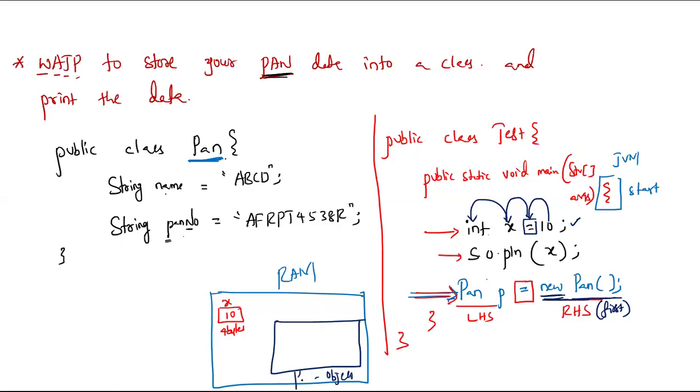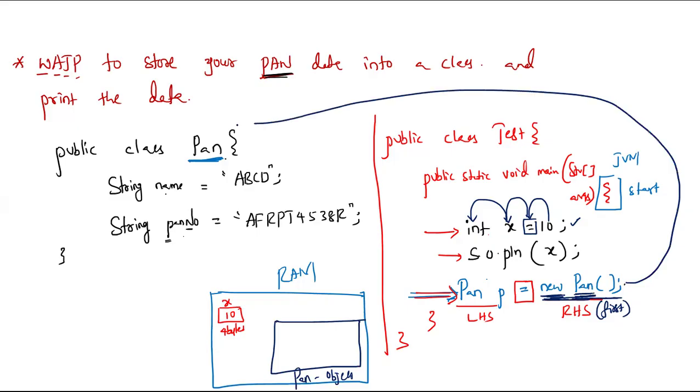So since this is a new object for pan, that's why a pan class object will be created. Some memory will be allocated for the pan class. And from this right hand side only, because the class is pan, JVM comes to the pan class, open curly brace, and enters into the pan class body.